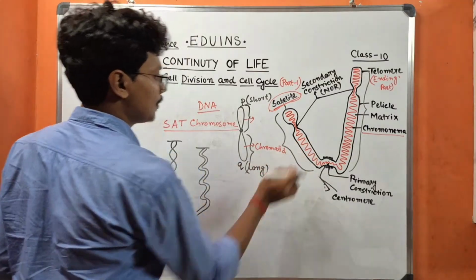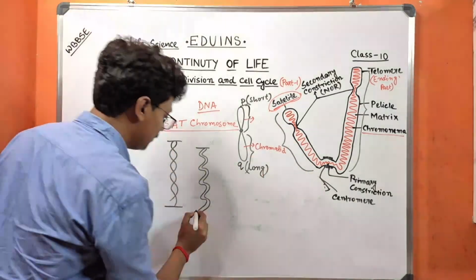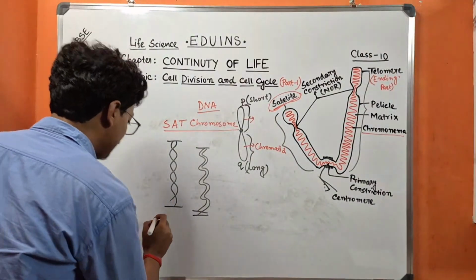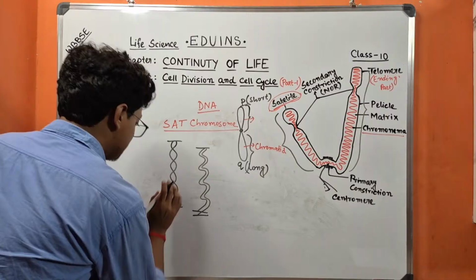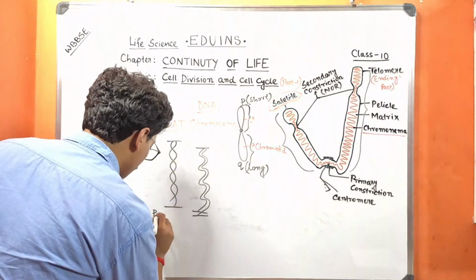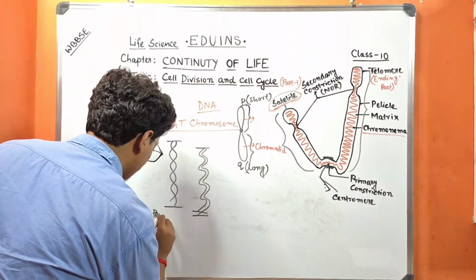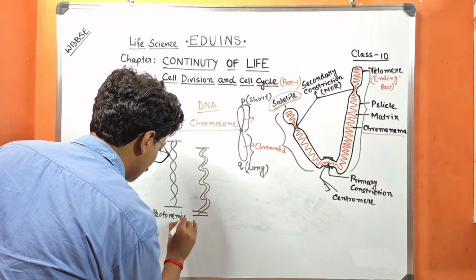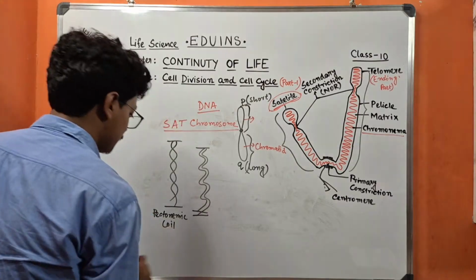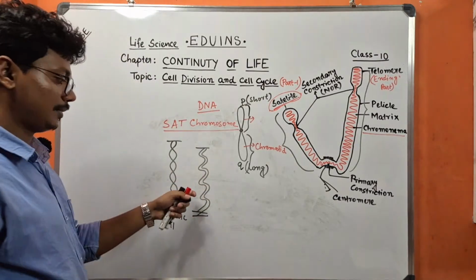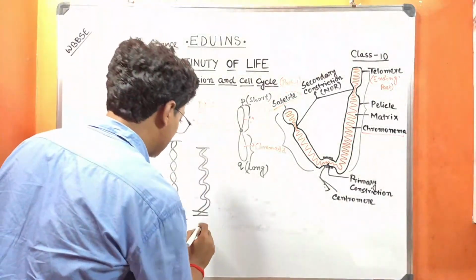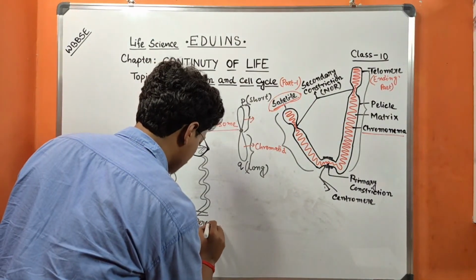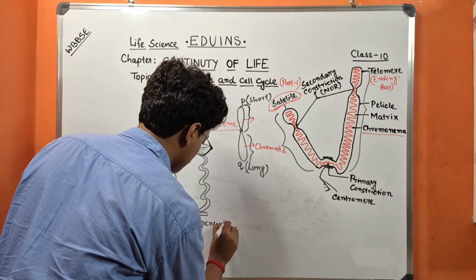This red part is simply coiled. The spiral configuration is known as plectonemic coil, and the simple or loosely compact one is known as paranemic coil.